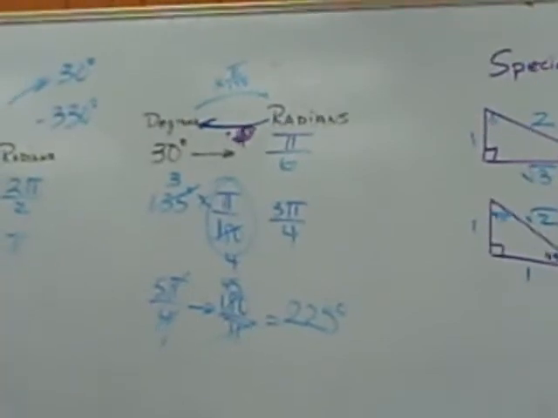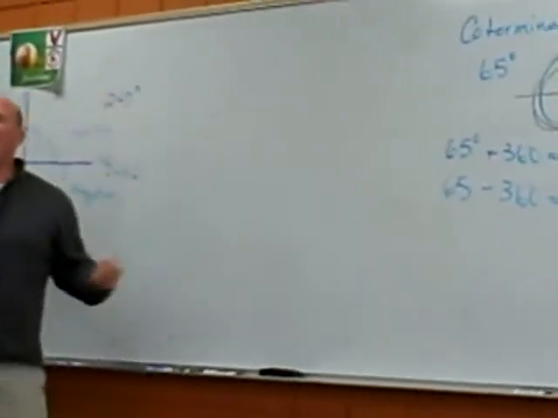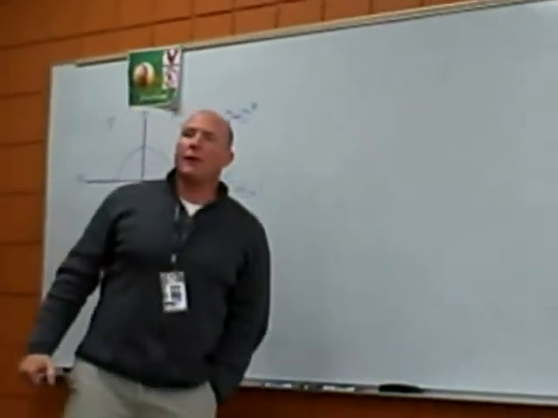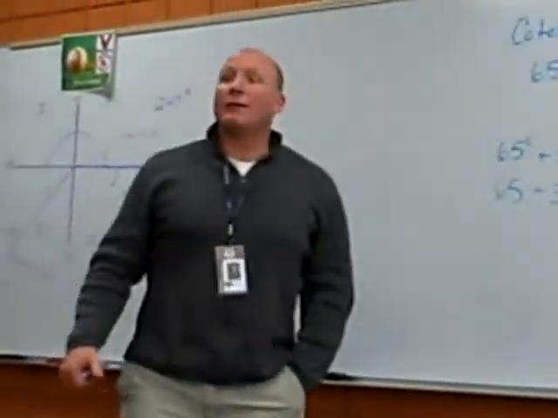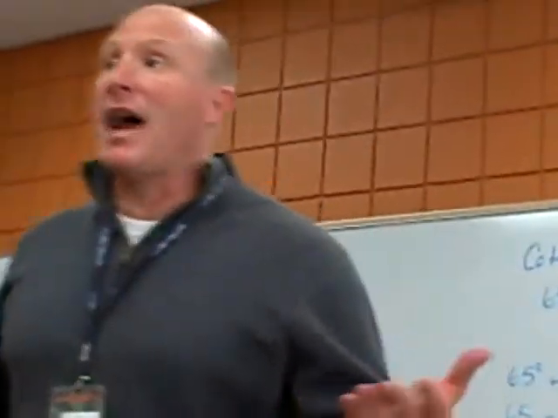Last thing is formulas. We'll review. You've worked with formulas before. How do you find the perimeter of a square? Add all 4 sides, or 4 times 1 side. That's a formula. What's the formula for circumference?